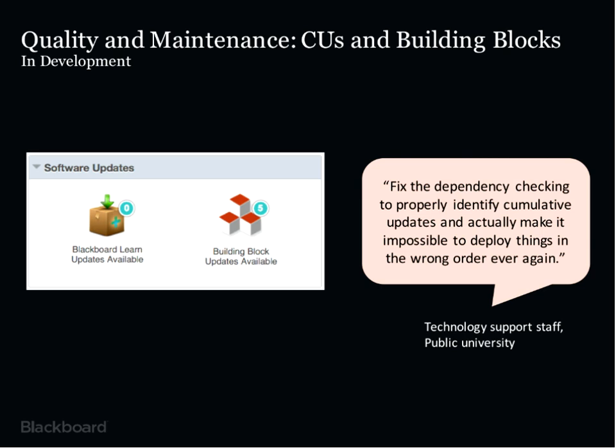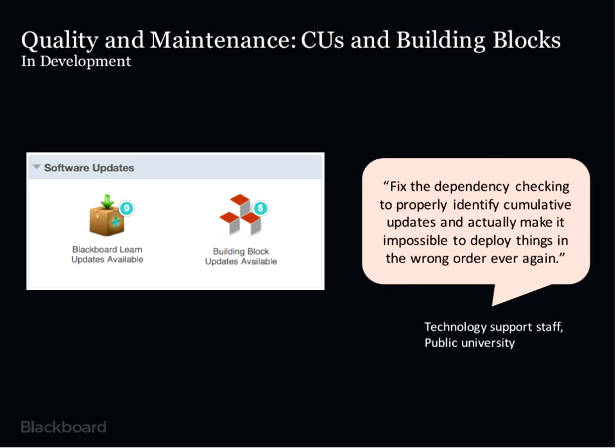A few years ago, we had some clients who experienced instability issues related to the way that we were releasing building block fixes. In many cases, we would document that the fixes had to be sequenced in a very particular way, but if you did not do that exact sequence, environmental instability would arise.